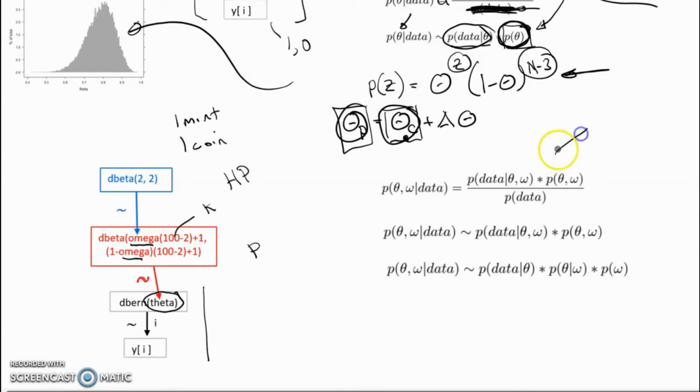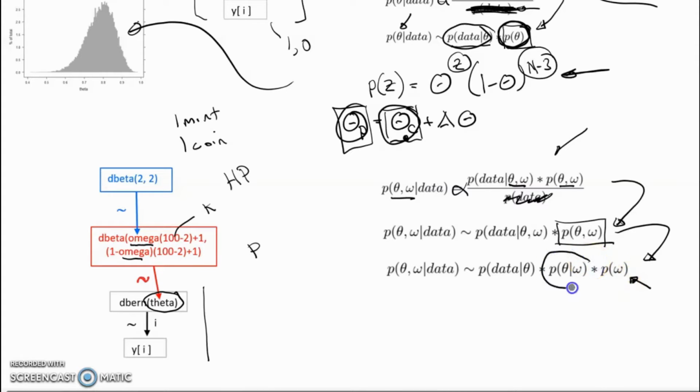If we think about this in terms of Bayes' theorem, here we have Bayes' theorem. The only difference from what we saw before is now we've got a joint distribution instead of a single distribution. Again, the data is constant. Change that to a proportional sign, that gives us this. To go from this line to this line, a couple things happen. First is we take our joint distribution and we factor it out into our hyperprior, which is the probability of omega, and then the prior, which is the conditional distribution of theta given omega, and there we have our likelihood function.